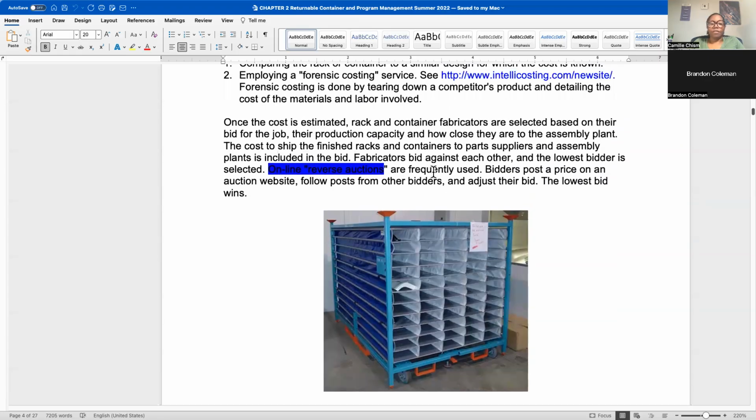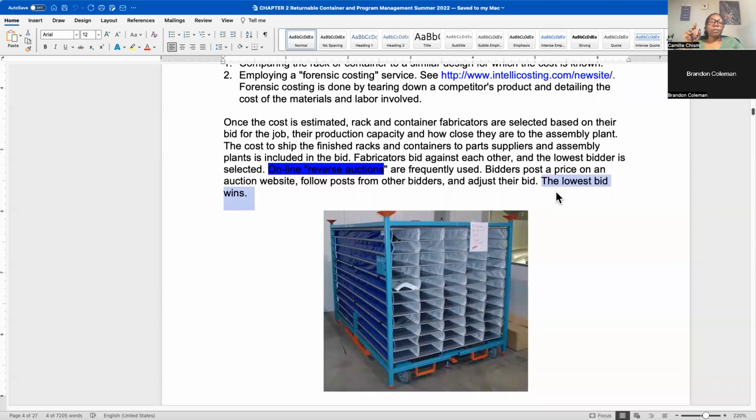But either way, this part is important. The lowest bid wins. So in automotive, no matter what the bidding process is, usually the lowest bid wins. Every once in a while, you might get a supplier that purchasing has selected because they were maybe in the middle, but it may be because they have a long-term relationship, it may be distance.